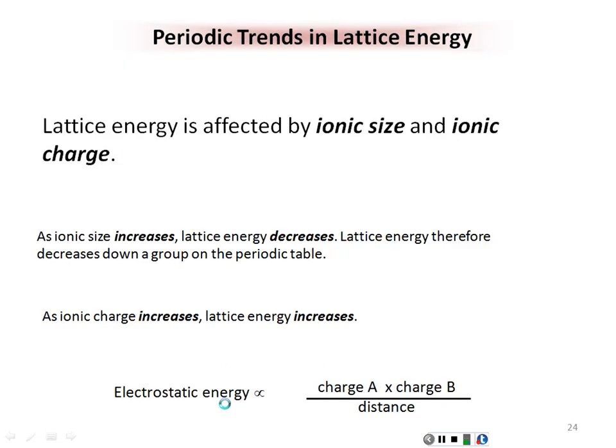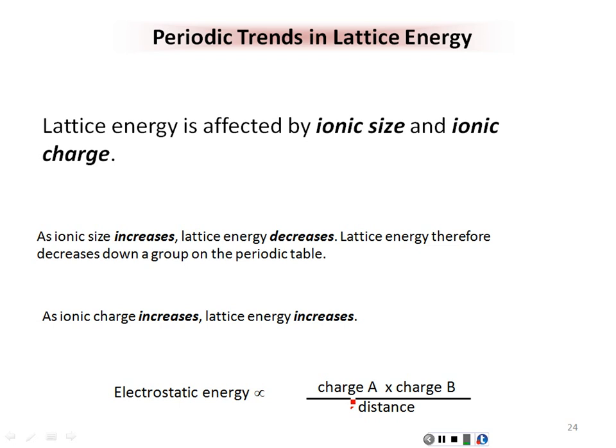So let's think about this. Lattice energy is affected by ionic size and ionic charge. So as ionic size increases, what does that do to lattice energy? As the ions get bigger, the distance between them gets bigger. And the distance is on the bottom of this fraction. So what does that do to the electrostatic energy?